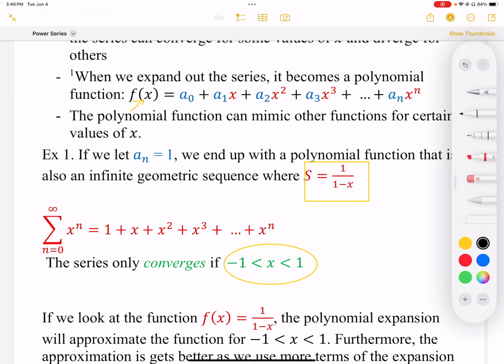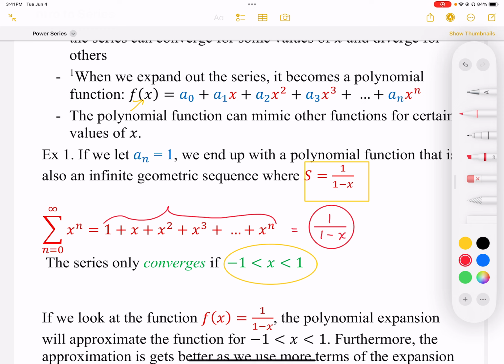And this series is equal to the formula 1 over 1 minus x. So when I sum this all up, that polynomial expansion is going to be the same as 1 over 1 minus x. This is what we mean by these polynomial series can mimic functions. So this polynomial that we get is going to represent, or mimic, this function as long as x stays between -1 and 1.